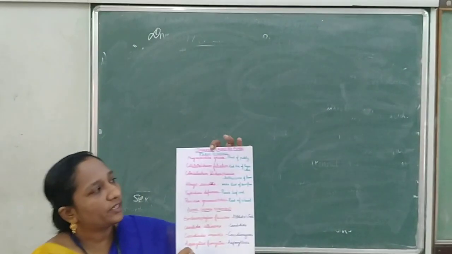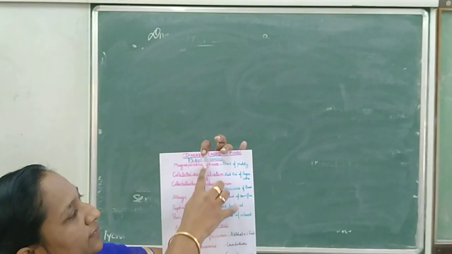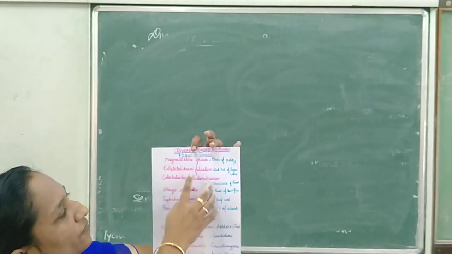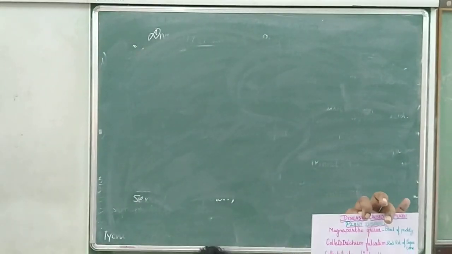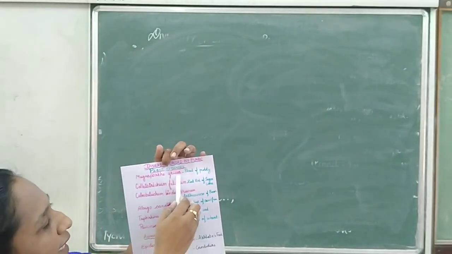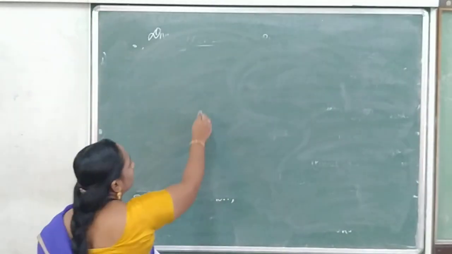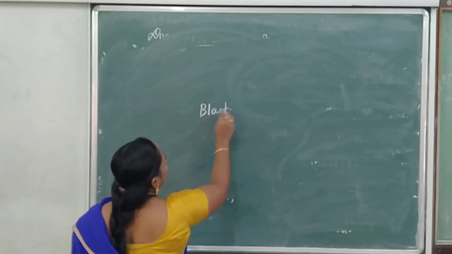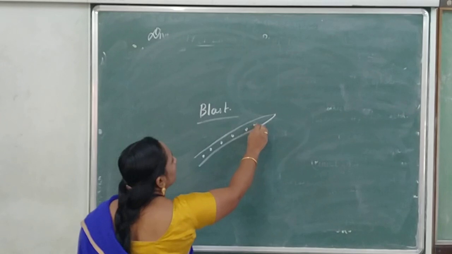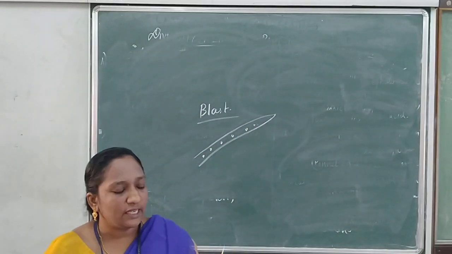Certain diseases are plant diseases and certain are animal diseases. For example, first one, Magnaporthe oryzae. It causes blast of paddy. Do you know what blast of paddy is? On the paddy leaf you can find brown-colored spots making holes on the leaf. It is called blast disease of paddy.